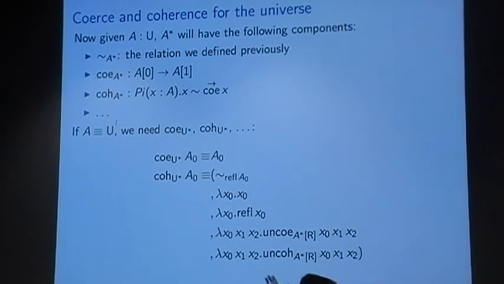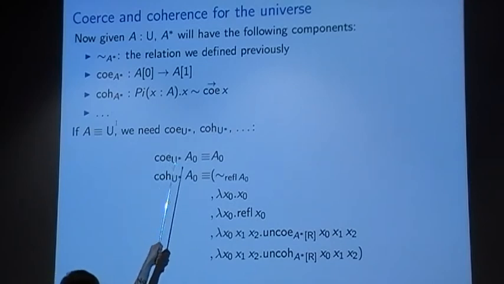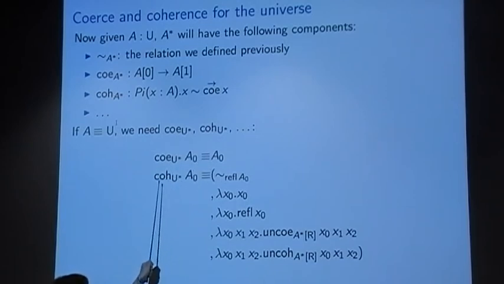So for example, if A is the universe, then I need to say what coerce in the universe is. I have one type A0 in the universe, I need to give another type which is also in the universe, and I just give the same type. And they will be connected by this tuple, which has 5 elements corresponding to the relation, coherence, coerce, coherence, uncoerce, uncoherence.